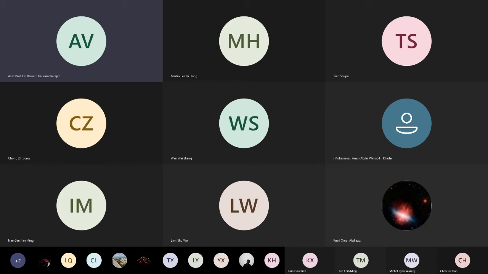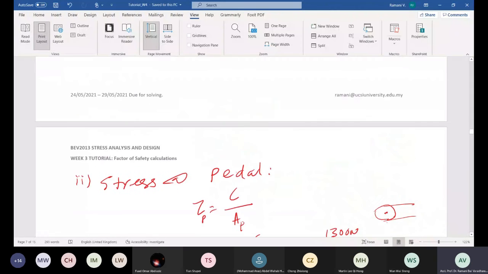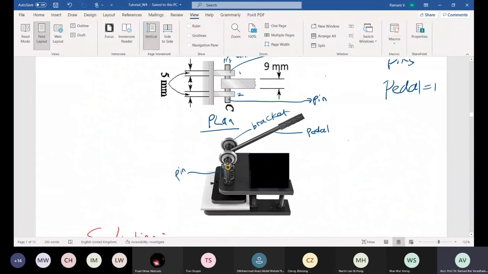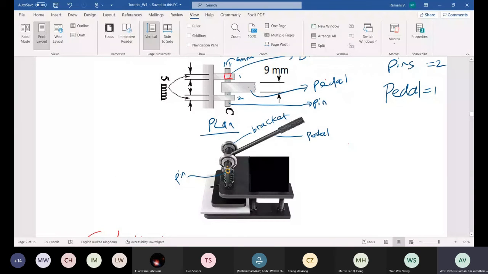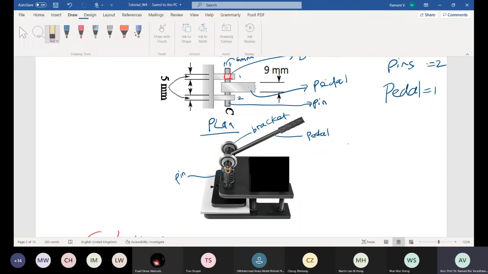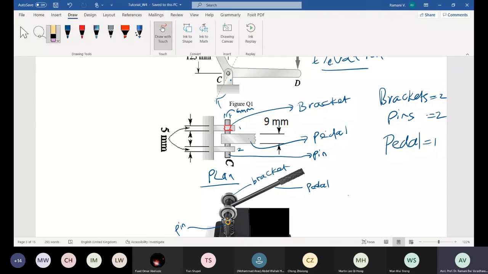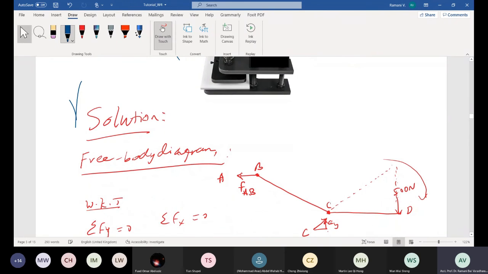Wait, I repeat, I take the screen and then show you. Okay, when you go here, there are 2 pins and 2 loads, isn't it? In 2 pedals, right? There are 2 pins. See here.